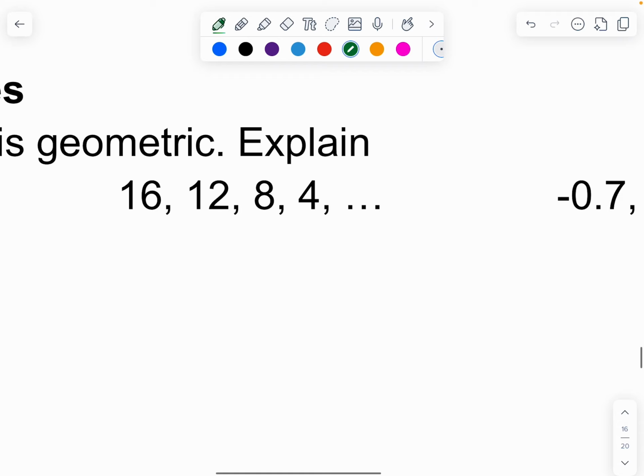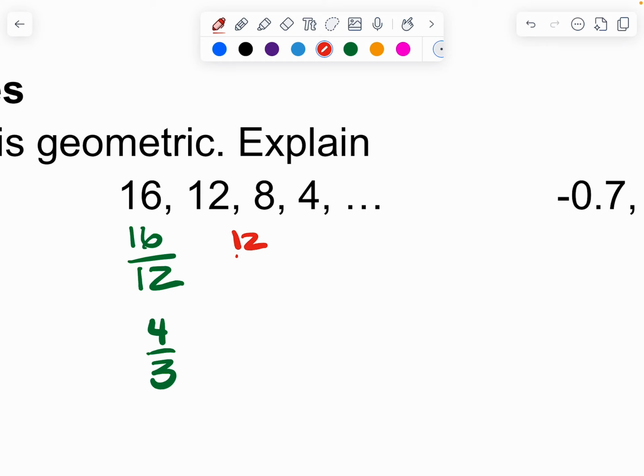Then over here, I'm going to do 16 divided by 12. Hopefully you know that 4 goes into both of those numbers, so you get 4/3. Then we would do 12 over 8. 4 goes into both of those, 3 over 2. And then this last one, I do 8 over 4, and I get 2.